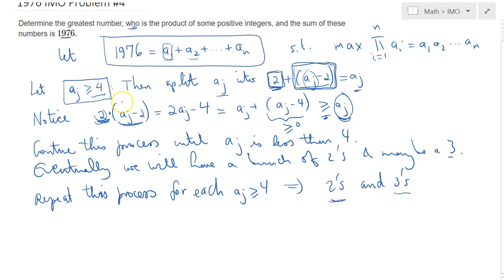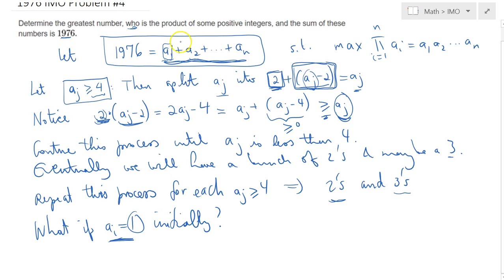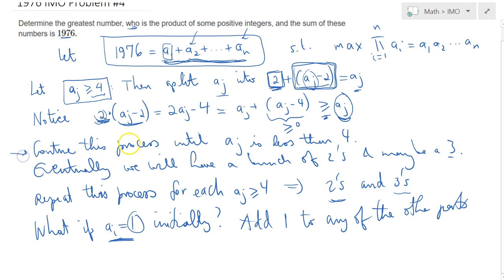The previous product, right? So what if we started with some 1? What if initially in the initial partition there used to be a couple of 1s? What if a sub i was equal to 1 initially? Of course, you would simply add that 1 into one of the other parts and eliminate this one. Add 1 to any of the other parts, and then go back to the previous step and apply the process of splitting them into 2s and so on.